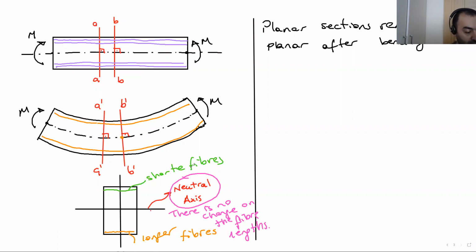Now, I'm going to show you the stress distribution on the structural members. I'm going to have a new page here. Okay, let's change the color here.